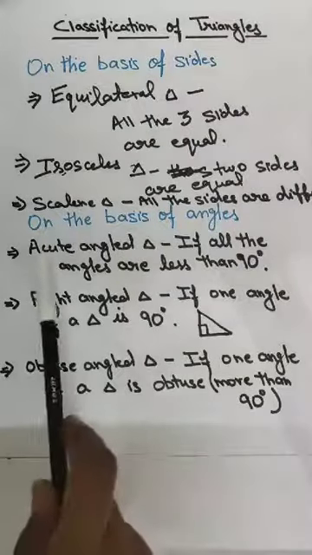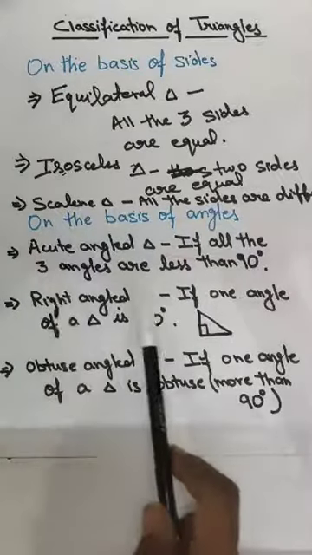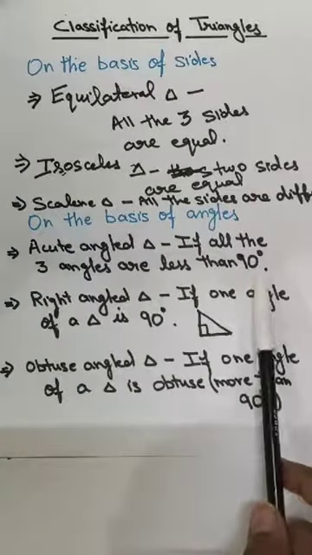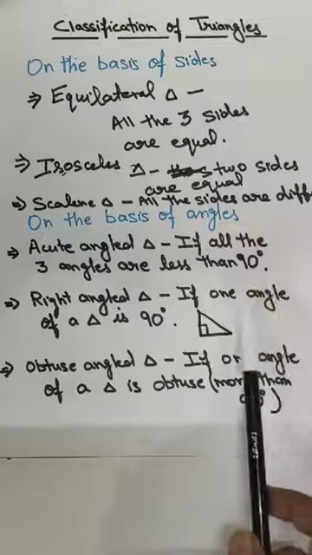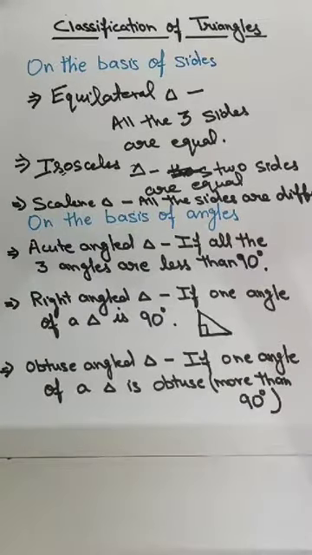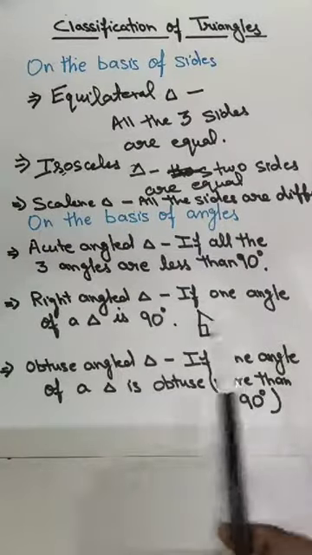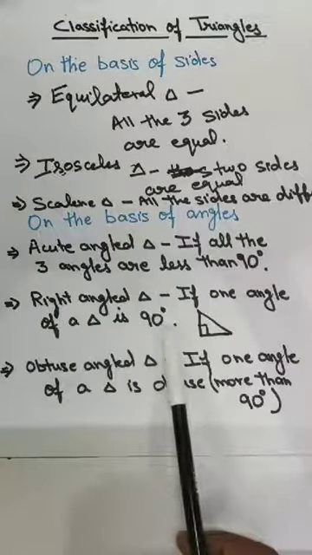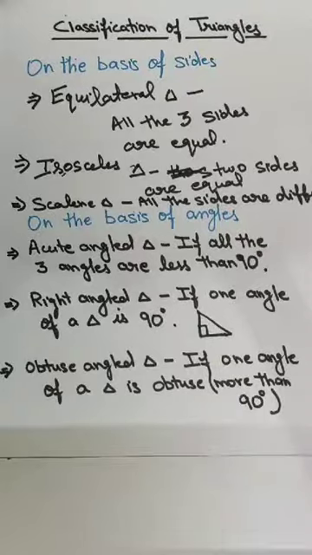First is acute angle triangle. If all the three angles are less than 90 degrees, if all the three angles are acute, then a triangle is said to be acute angle triangle. Right angle triangle, if one angle of a triangle is 90 degrees, like this, then it is called a right angle triangle.